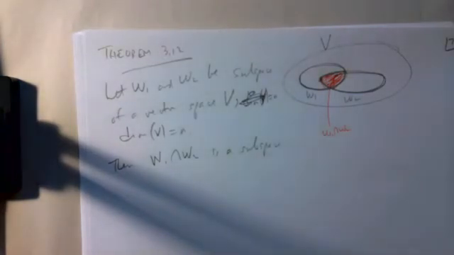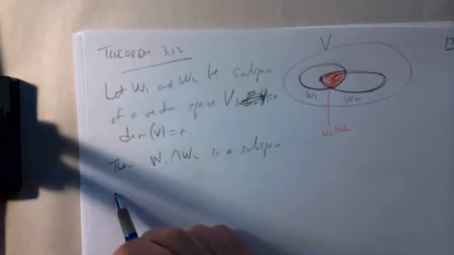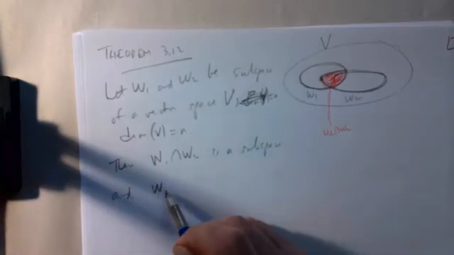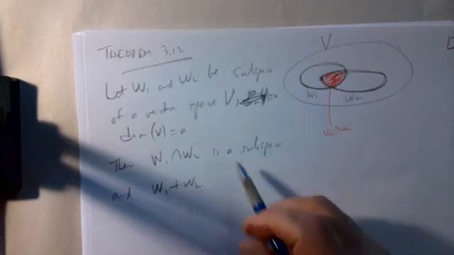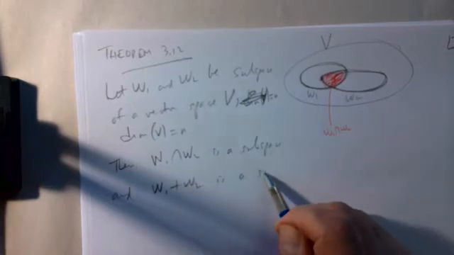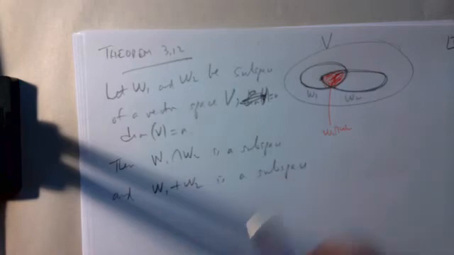And every subspace has a dimension. Every subspace has a basis. We proved that a while ago. And what I'm going to write is that W1 plus W2 is a subspace. So let me state the theorem, and then I'll explain why each of these is a subspace.